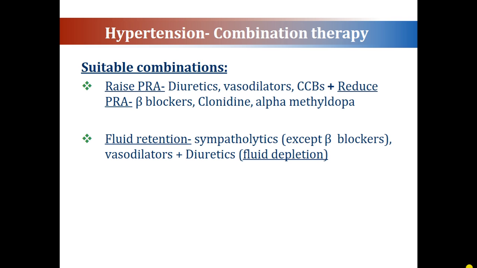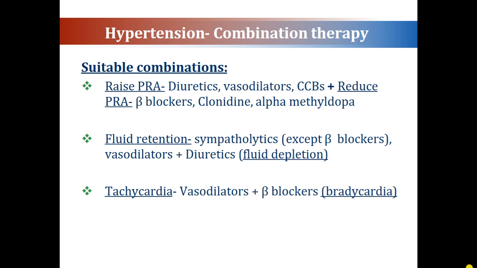One drug which causes fluid retention, like sympatholytics except beta blockers, and vasodilators, with diuretics which cause fluid depletion. Tachycardia caused by vasodilators is better combined with beta blockers which produce bradycardia. Synergistic combinations are ACE inhibitors and angiotensin receptor blockers along with a diuretic.